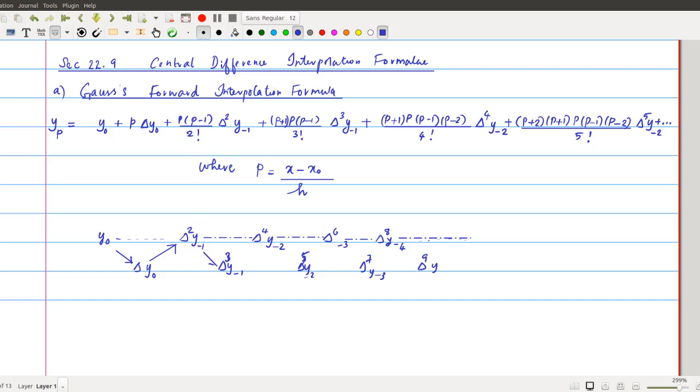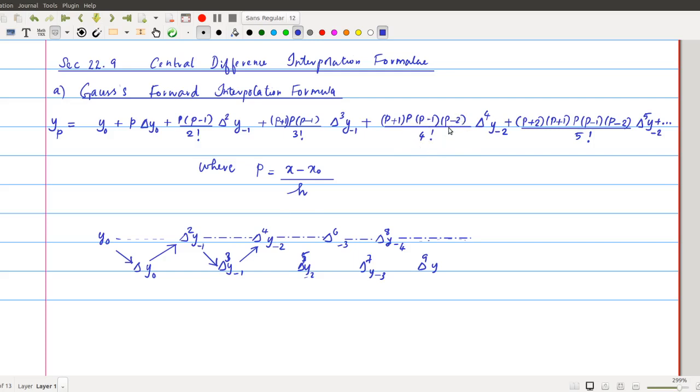Again we come to the line below, that is delta cube y minus 1, in the next term with p into (p minus 1). We add one more term, p plus 1, on the left, with 3 factorial in the denominator. Then we move on to the fourth term, adding one more term, p minus 2, in the numerator, divided by 4 factorial.